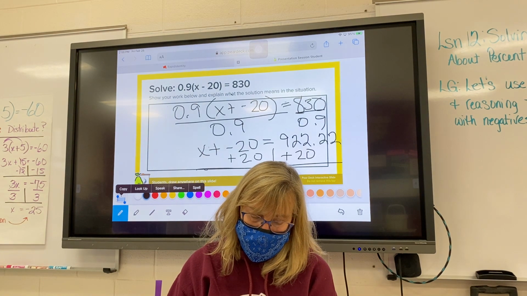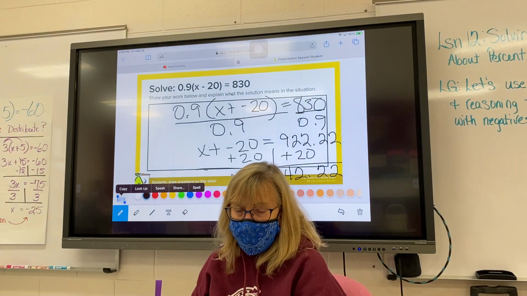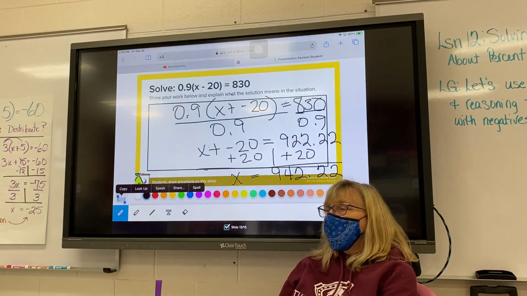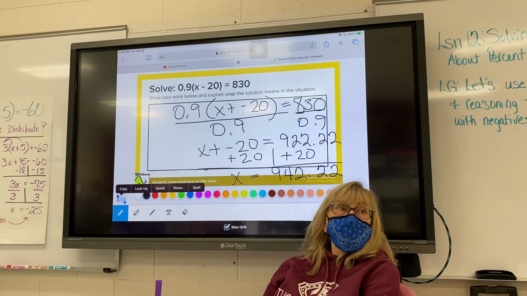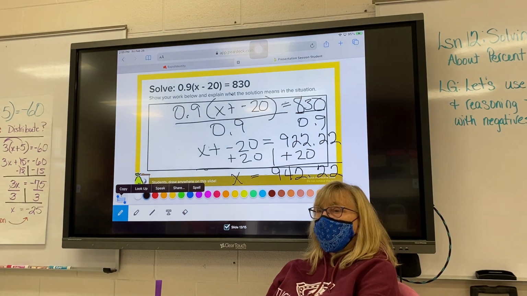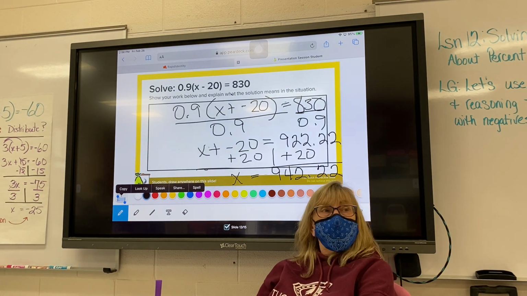So that gives me the cost is $942.22. Okay, this one works because it's money and you can divide and you know money goes to the hundredths place. Okay? Either way works. I'm fine with that.